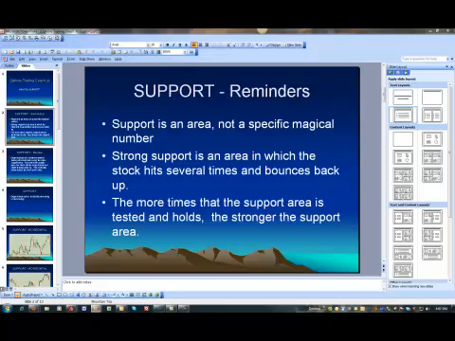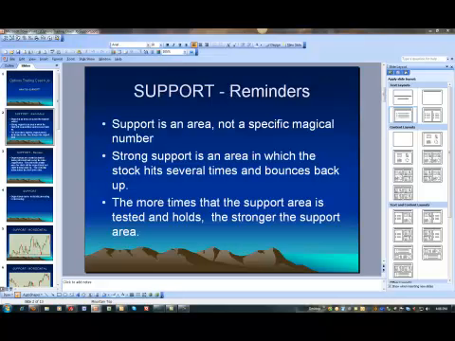That means you shouldn't have a support that's, for example, $91.22. It might be $90.25, 50 cents, 75 cents, or the full dollar. So again, when you have to specify an amount, it's best to use a quarter. But just remember, it's a general area.